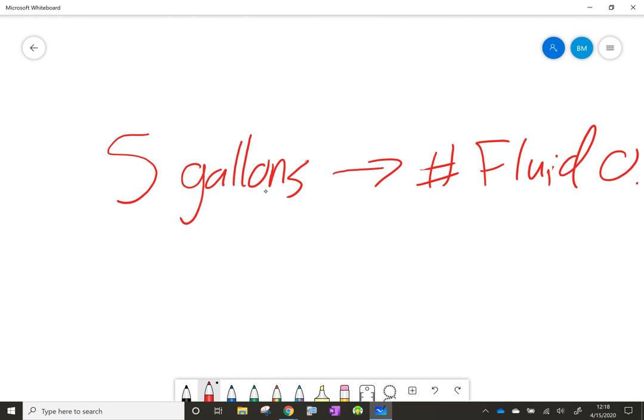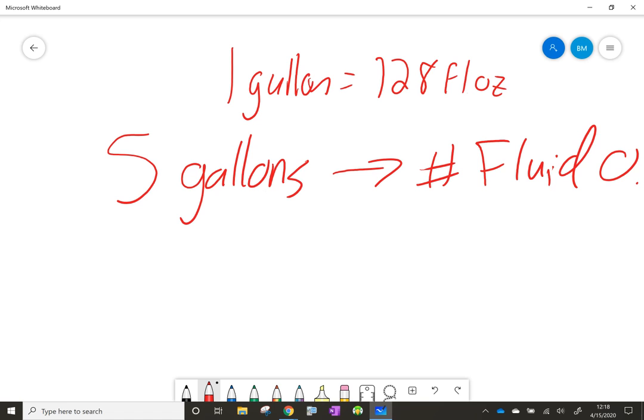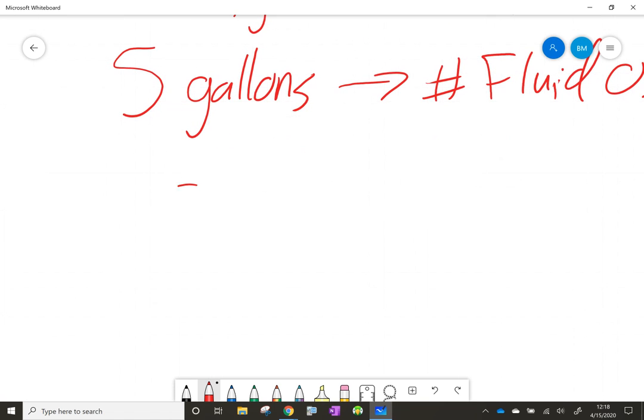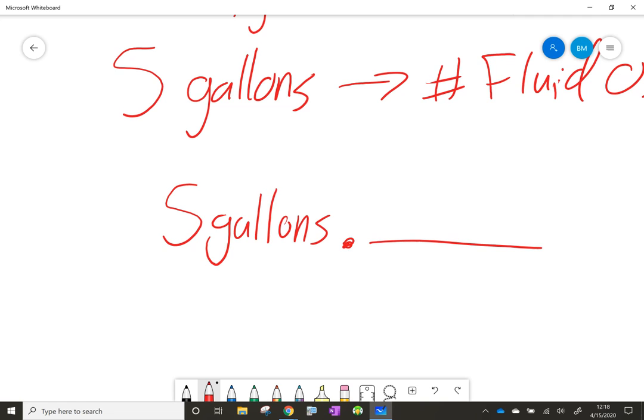Now, I know that 1 gallon is equal to 128 fluid ounces. Okay? So when I'm trying to convert 5 gallons into fluid ounces, I'm going to pick 5 gallons and I'm going to multiply it by that ratio of 128 fluid ounces to 1 gallon.